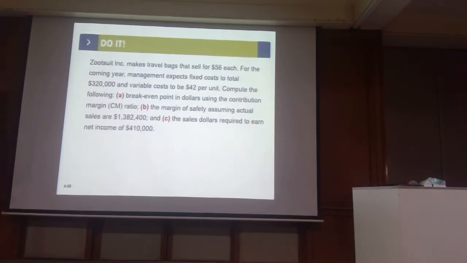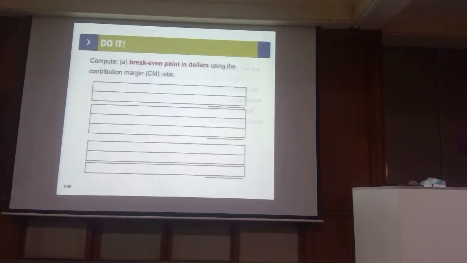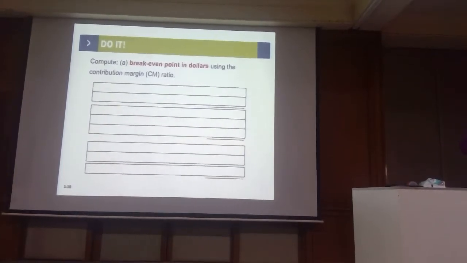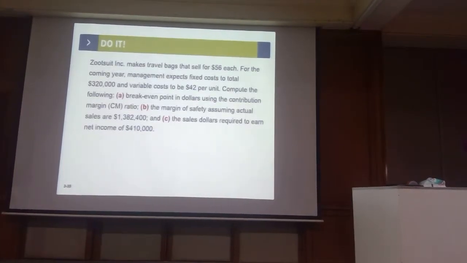First, the question asks you to compute the break-even point in dollars using the contribution margin ratio, then B, compute the margin of safety, and C, compute the sales dollars required to earn the net profit of 410. Maybe I let you work a bit on this question: the break-even point in dollars using the contribution margin ratio.